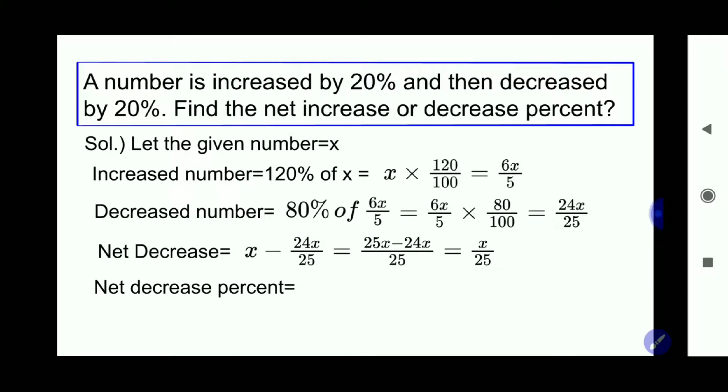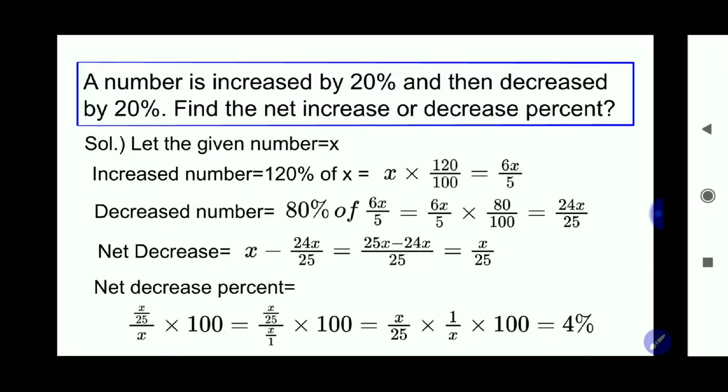Now the decrease percentage. How can we find this percentage? Net decrease by original into 100. What is the net decrease? x by 25. What is the original? x. So x by 25 by x into 100.